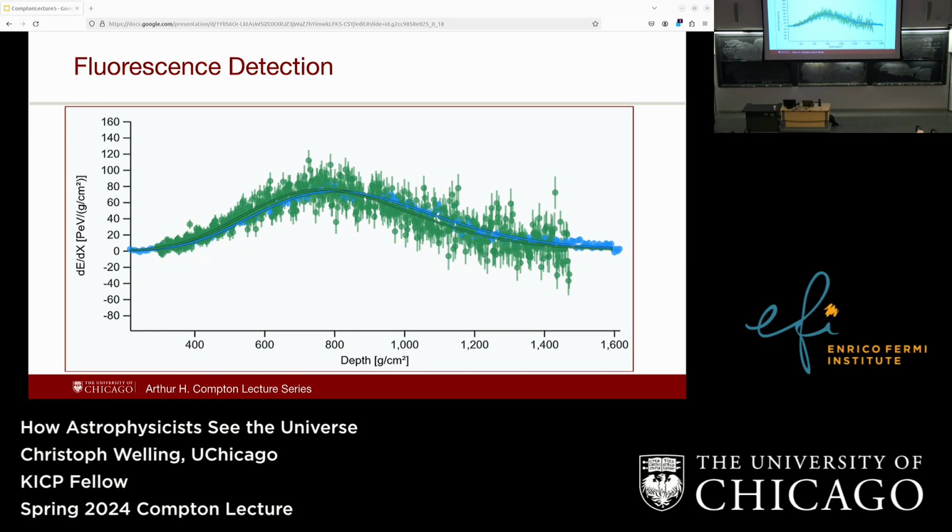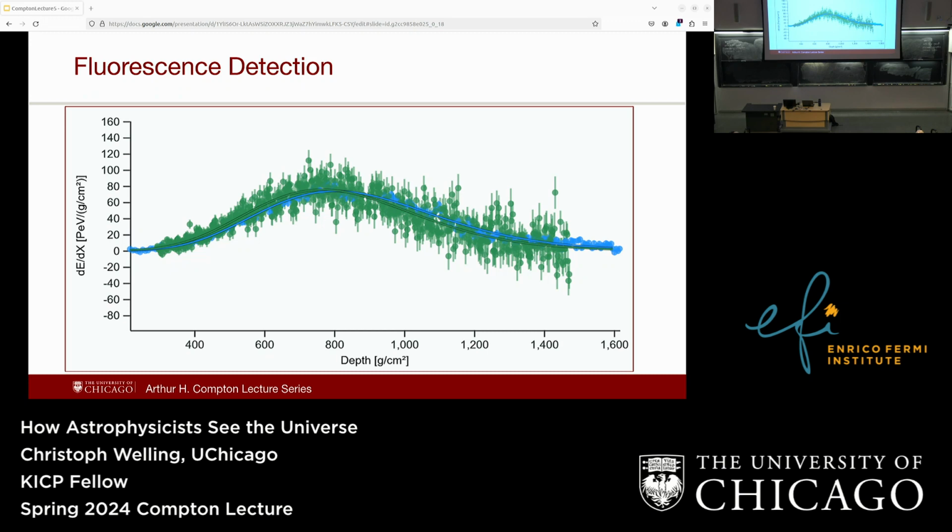The upper part of the atmosphere is a lot less dense than the lower part, and if you have detectors at different places on Earth, they're all going to see a different density in the atmosphere. If you normalize this to how dense your atmosphere is, you can compare a lot better between different detectors.